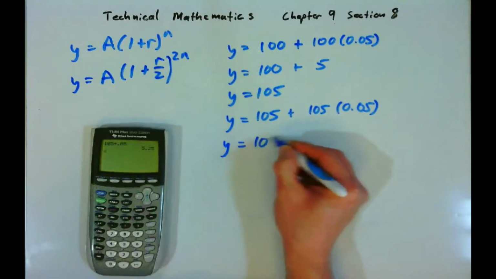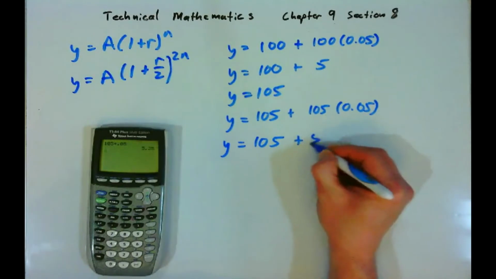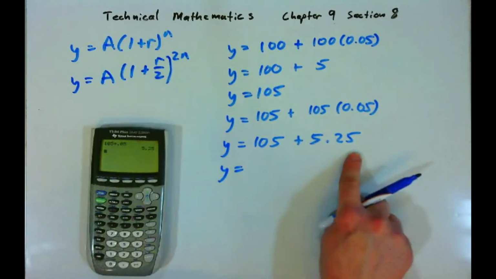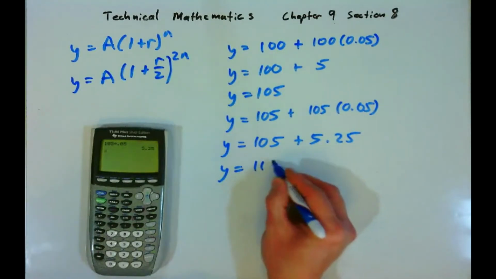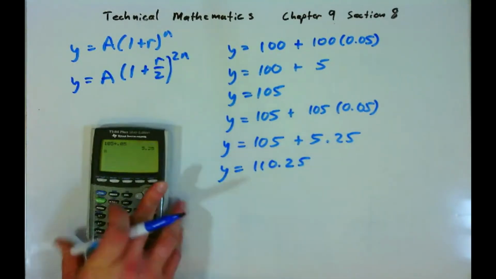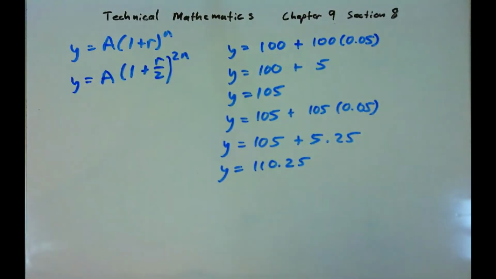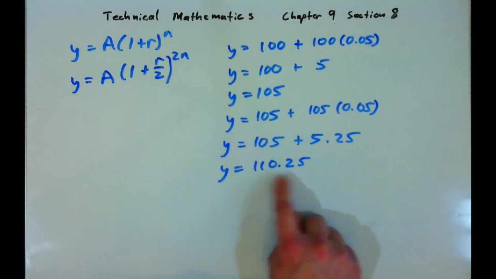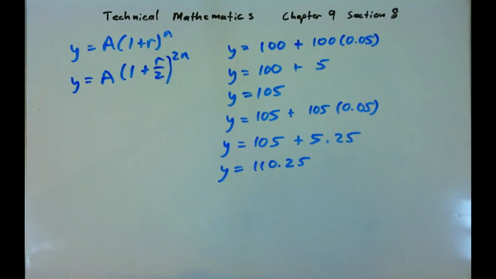So you have $105 plus $5.25, and at the end of the first year, you will have $110.25. So if your interest is compounded every 6 months rather than every year, you earn slightly more money, right? If it was compounded at the end of the year, you would only have $110. If it is compounded every 6 months, you'll have slightly more, $110.25.